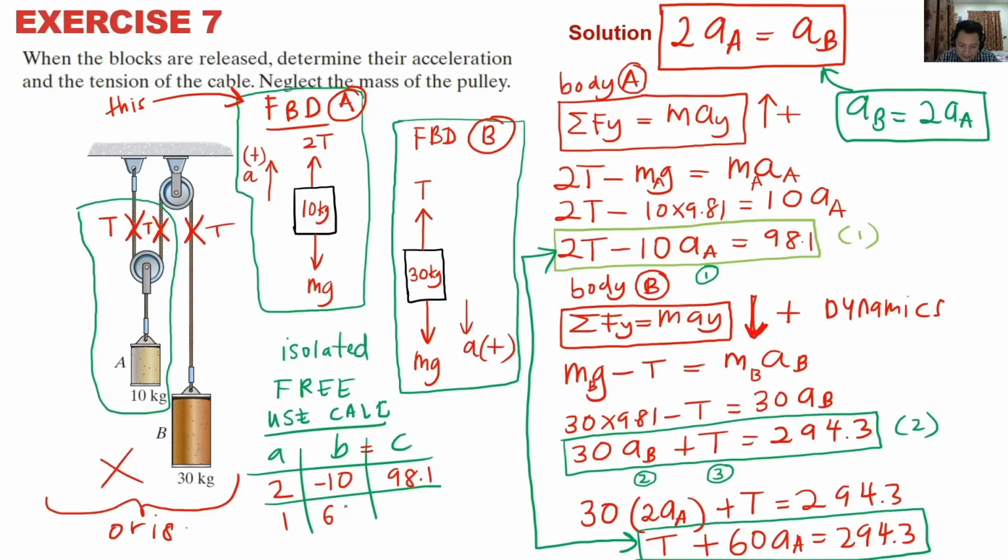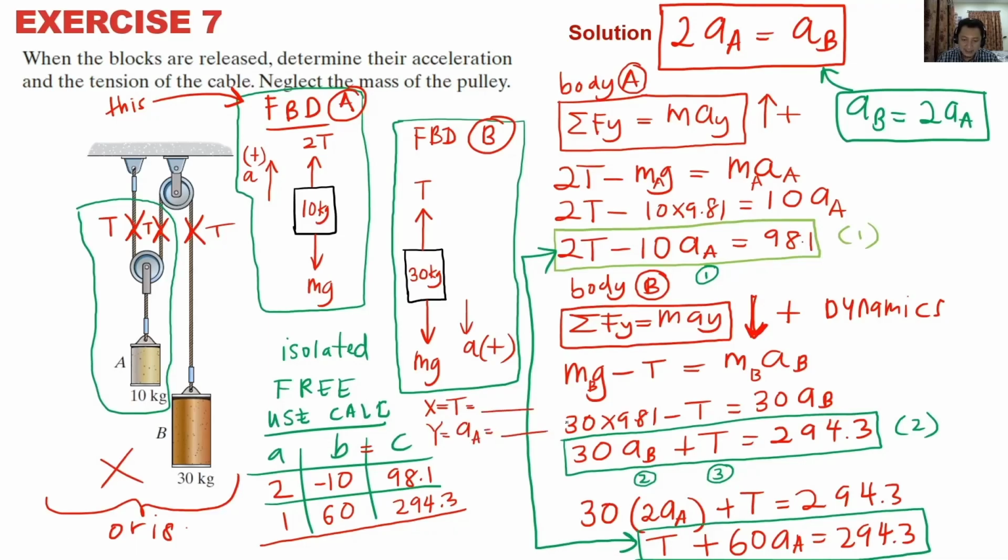This one is already 60. Ini 294.3. So if you solve this, you're gonna get X sama dengan apa? Sama dengan T. Y sama dengan AA.